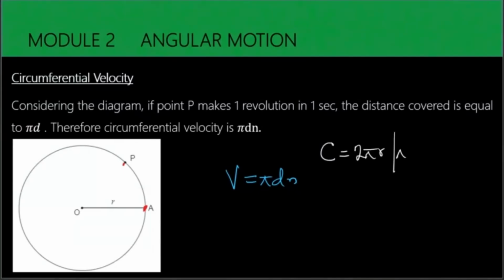It can also be written as what? Pi d. And then the n represents how many times that point has exhibited a circular motion. So the formula for calculating circumferential velocity is pi d multiplied by n.